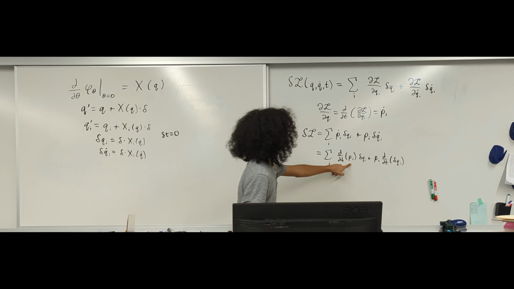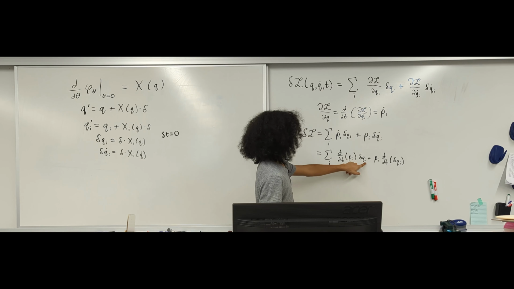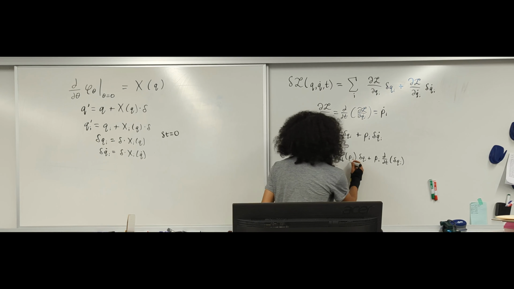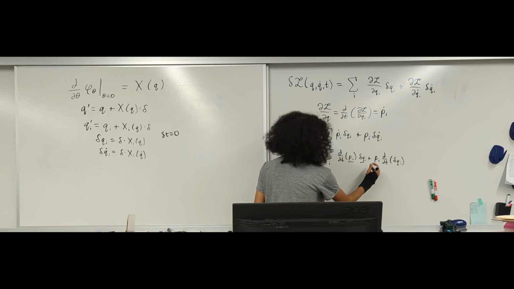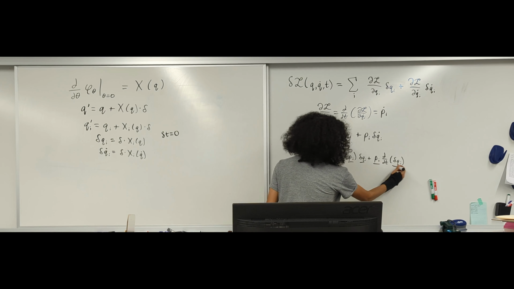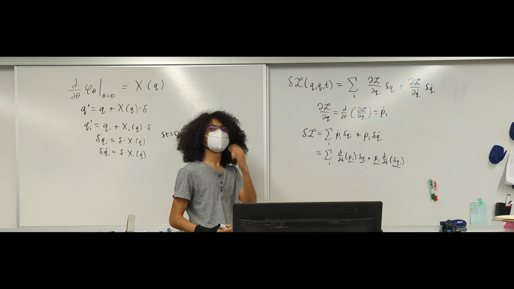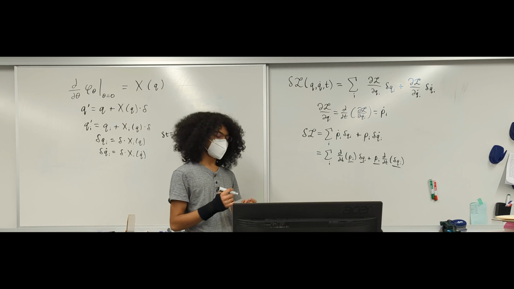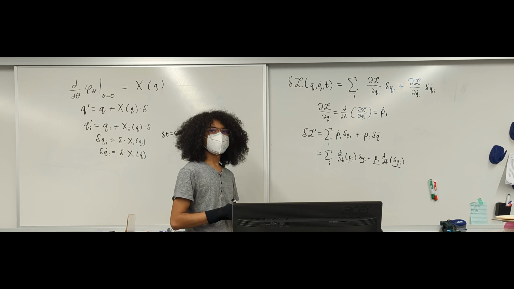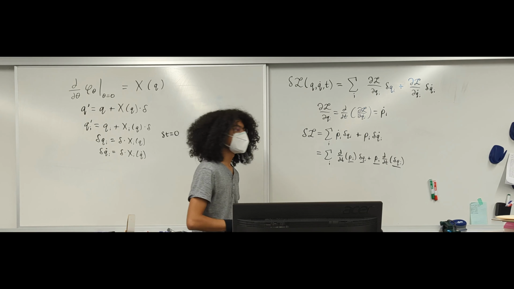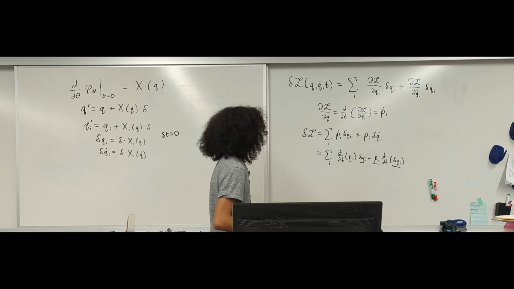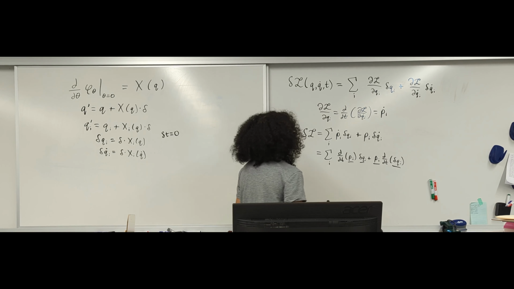So we have the derivative of this times this thing, right? And then we had just this thing times the derivative of this. It's not coming to me. That's okay. Yeah, sorry.